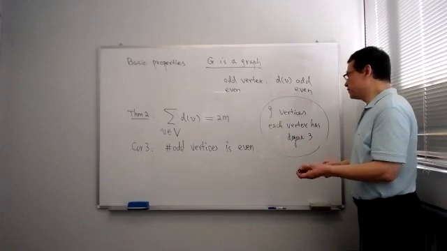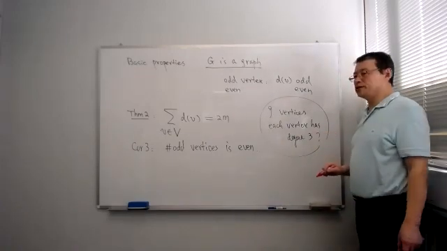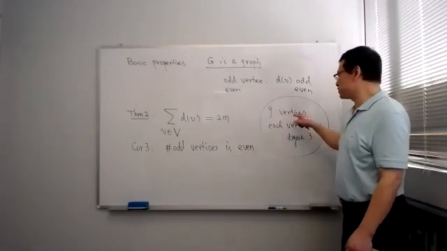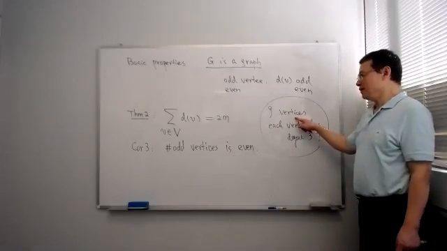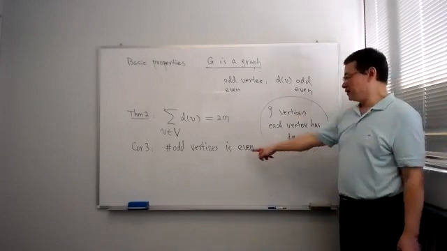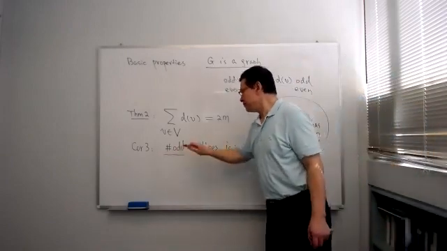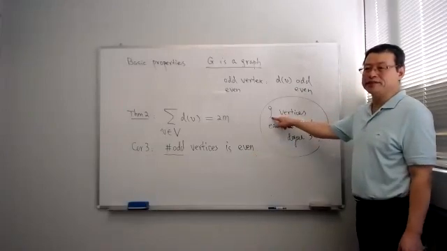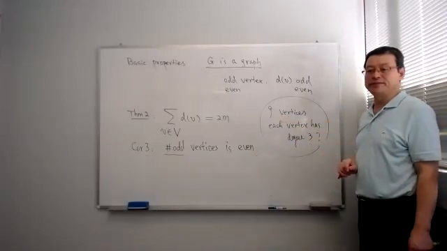Is it possible? Can you construct such a graph? This result tells us no such graph exists. The number of odd-degree vertices must be even. Here we want 9 vertices of odd degree. It is impossible.